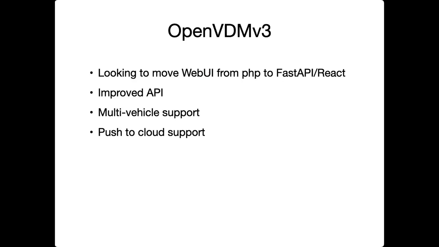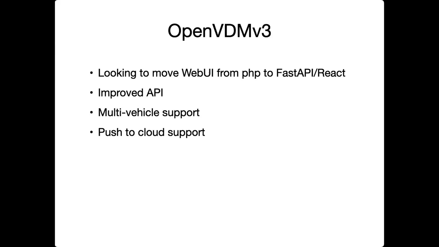That'll happen by moving to FastAPI and improving the API calls that are available. With that comes a requirement: I've got to build an authentication backend, so not just anybody can modify OpenVDM from a script. There's a lot of work that'll go into that.